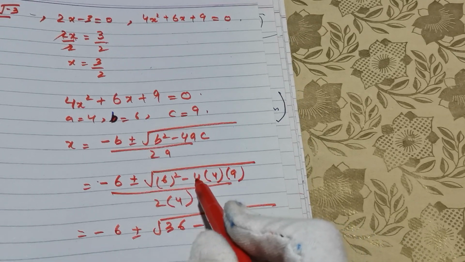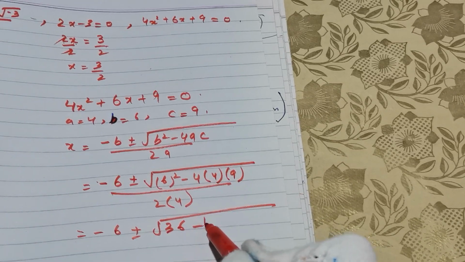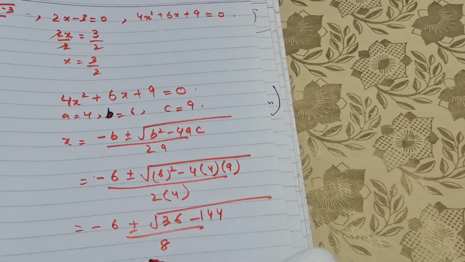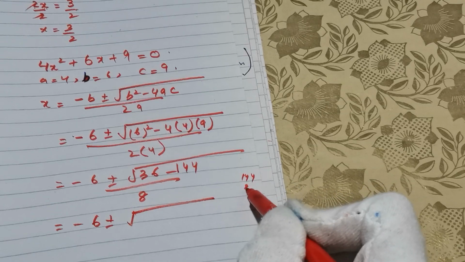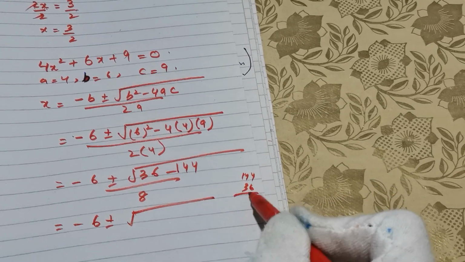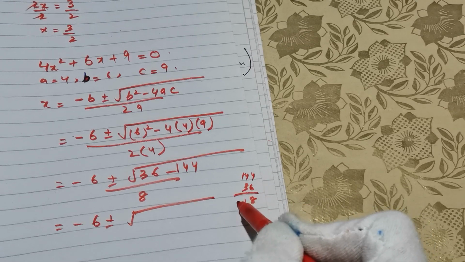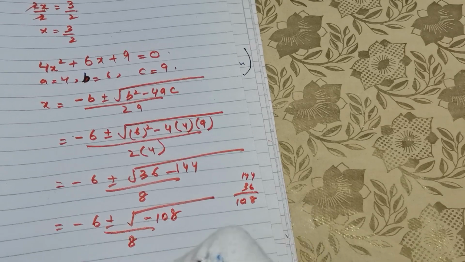36 into 4 is 144. 4 2s are 8. Minus 6 plus minus under root 144 minus 36, that is 108, divided by 8.